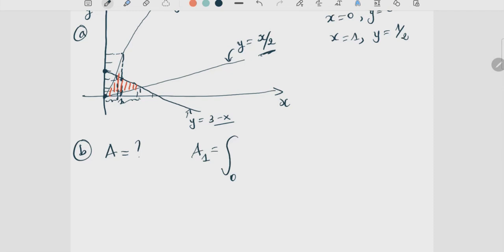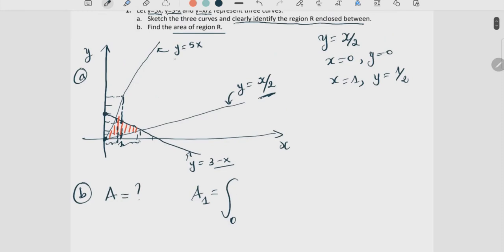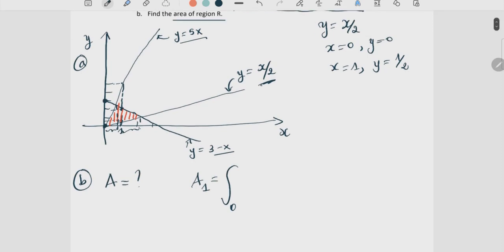So the point of intersection between y is equal to 5x and y is equal to 3 minus x. So let's identify that point. So at that point, 5x is equal to 3 minus x. That means that x would be equal to 3 over 6, which is 1 over 2. So that section is from 0 to 1 over 2.